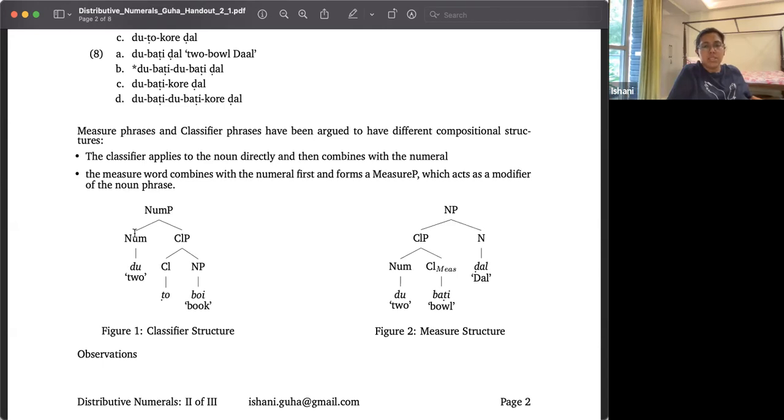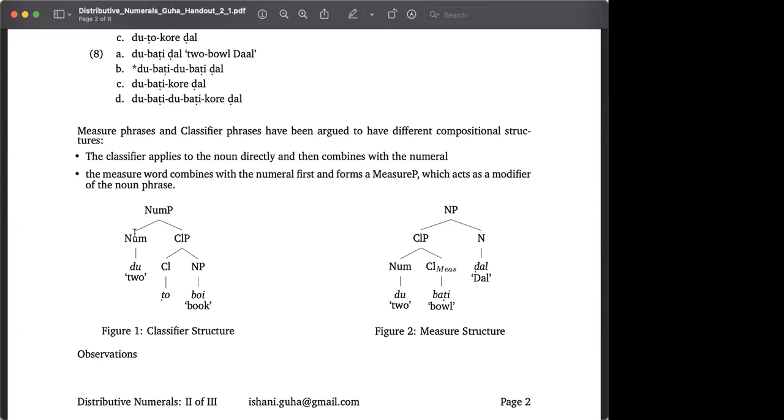I think it has got to do with the way that we analyze what is happening in the classifier structure phrase, where clearly the book is not in the complement. It's the classifier structure which spells out, and which is why it fully reduplicates.